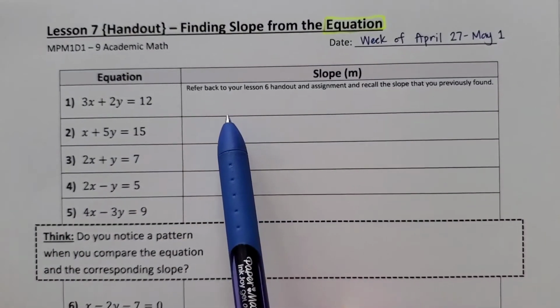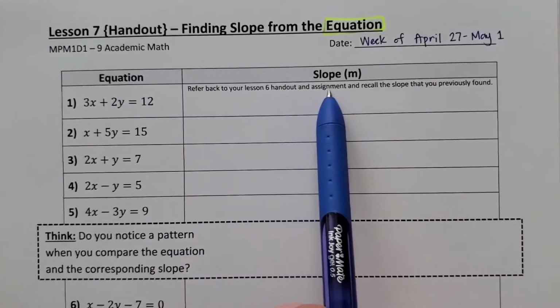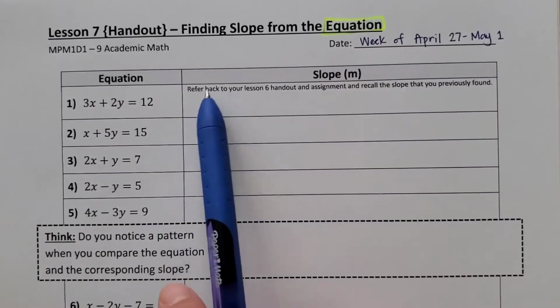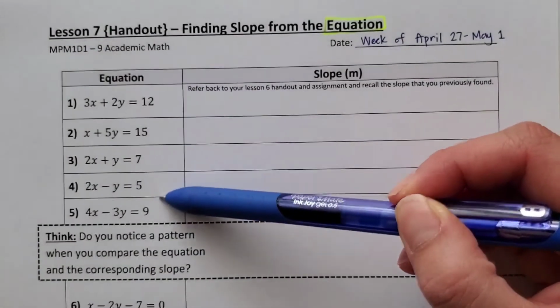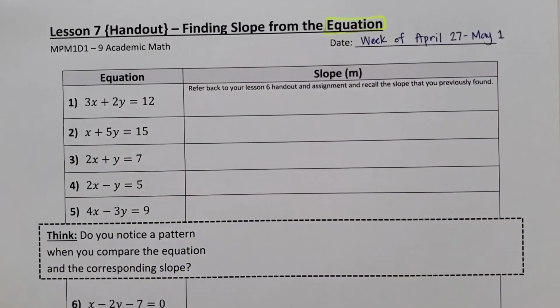So one of the things I wanted you to do was refer back to your lesson 6 handout and assignment and recall the slope that you previously found. So you don't have to go there. I'll give you the slope, but I just want to show you that the 5 questions I have on here are pretty much the questions that you had from lesson 6 handout and your lesson 6 assignment. Since you already found the slope, you don't have to find it all over again.